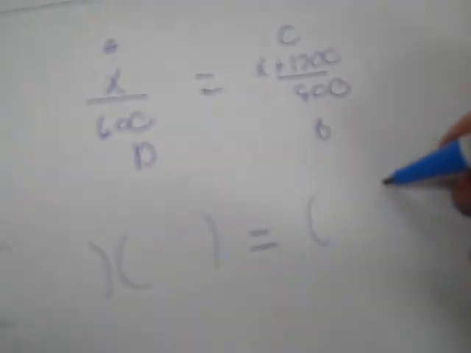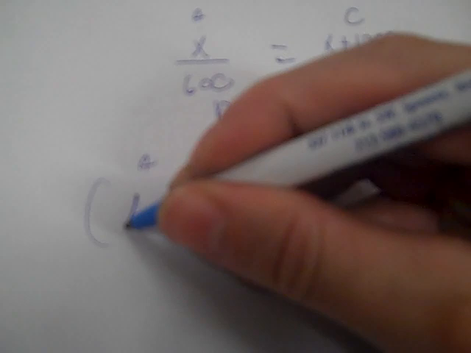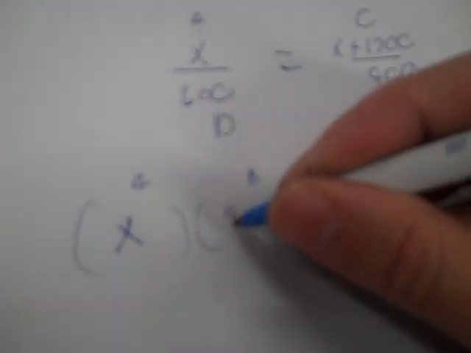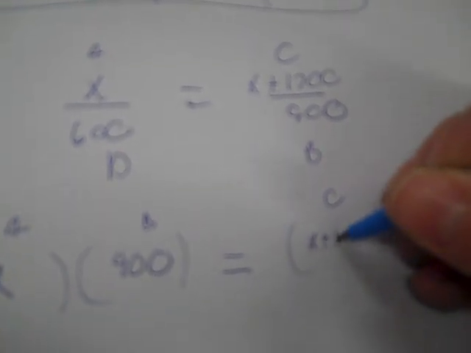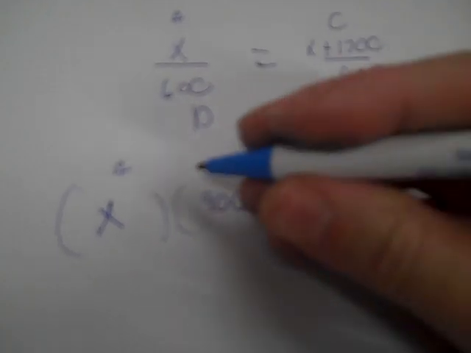Okay, and I go A, B, C, D. A is x, B is 900. C is x plus 1,700, and D is 600. So put ones in front, so we need to multiply here.